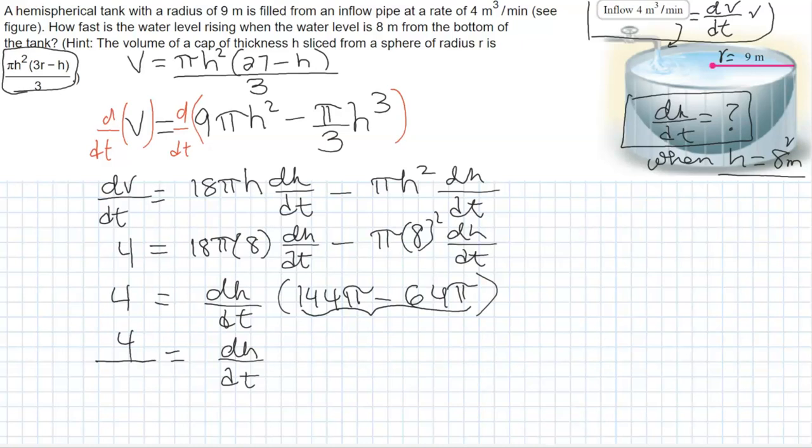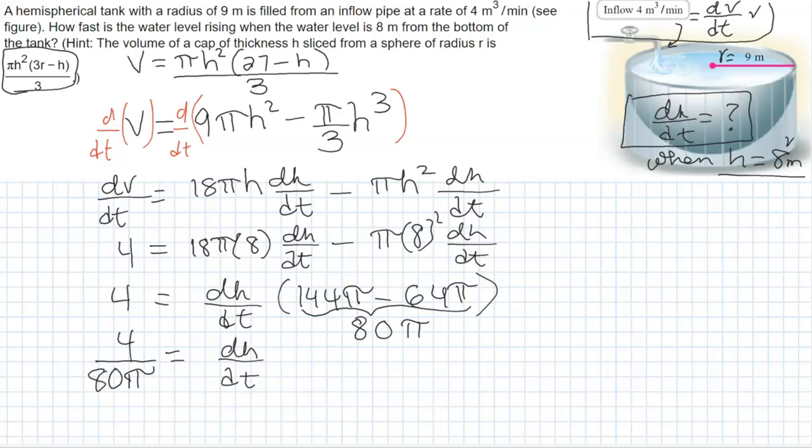What is that? That would be pi times 144 minus 64, which is 80. So that is 80 pi. You divide 4 by 80 pi, and that is the rate at which the water level is rising.